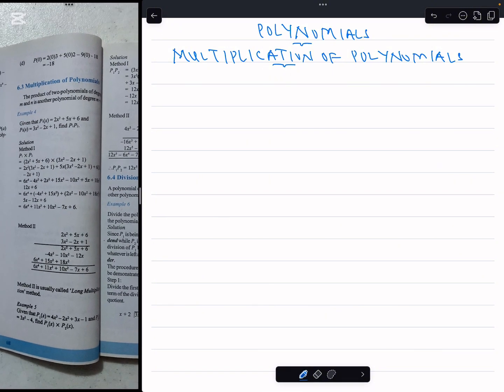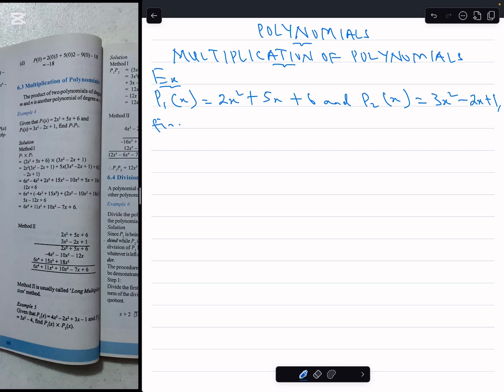Given that p1 of x, that means a polynomial which is a function of x, is equal to 2x squared plus 5x plus 6, and p2 of x is equal to 3x squared minus 2x plus 1. Find the product p1 p2.